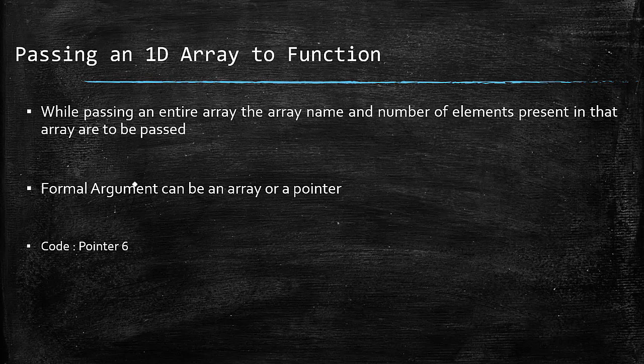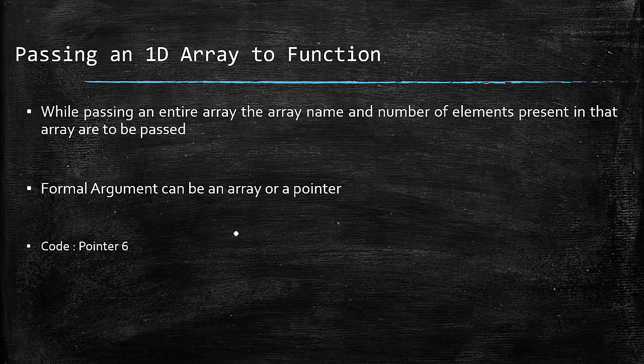While passing the array to a function, the formal argument can be an array or a pointer, which will hold the base address of the array we are passing. So, if A is an array of integers, in the formal argument either we can declare an array or we can use an integer pointer to store the base address of that array.